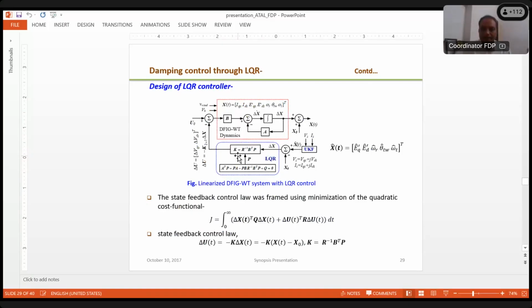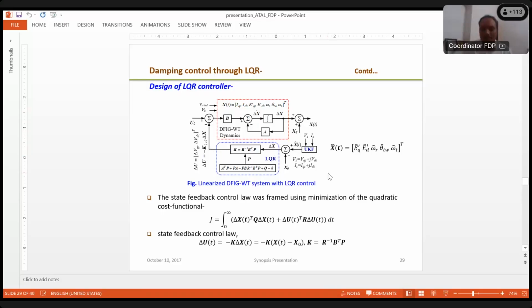Here you can see delta x and delta u. So delta u equals minus k x, nothing more than this. So what is this x? This x consists of all of the states of the system.